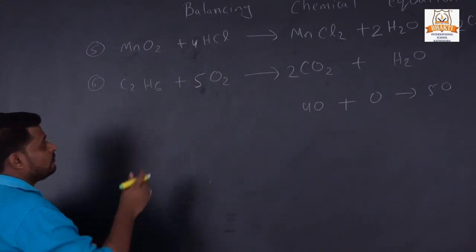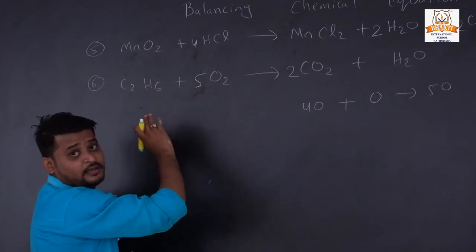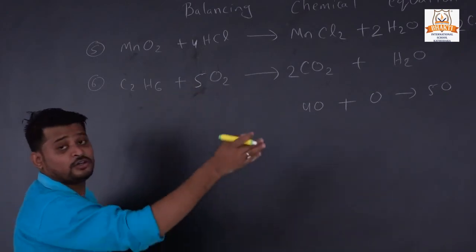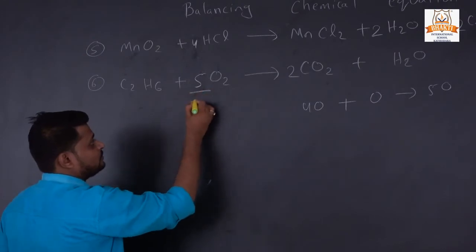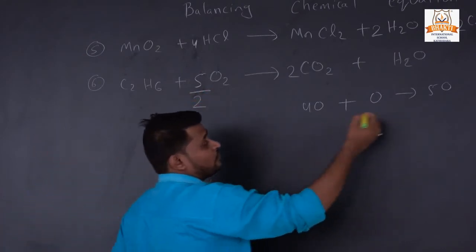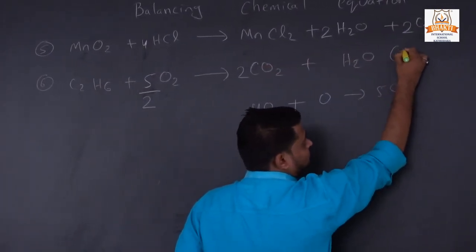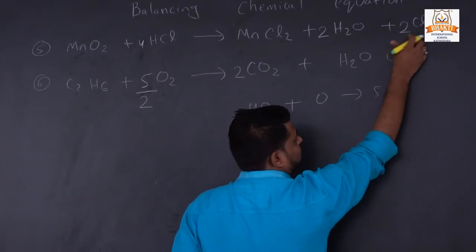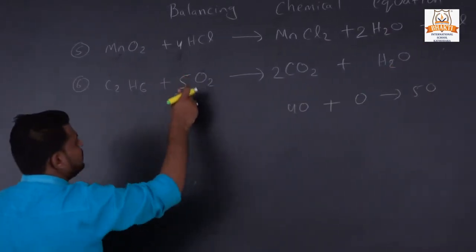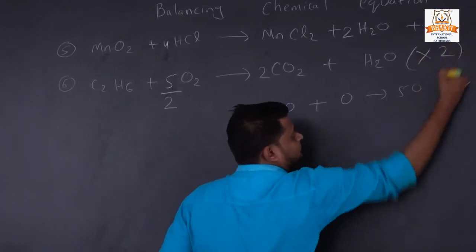What we do? We will multiply the whole equation, multiply and divide with 2. Now see, we will multiply here by 2, divide by 2, and multiply the whole equation by 2.